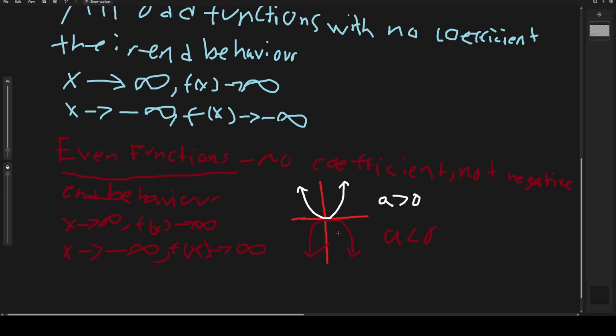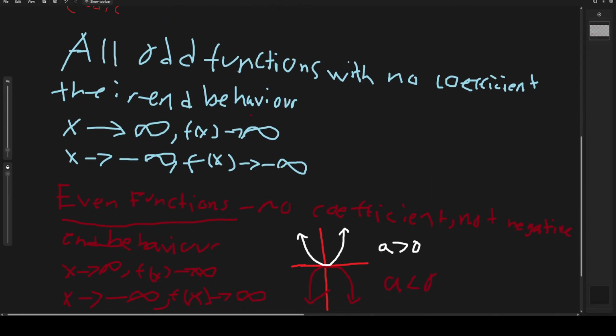Then as x goes to infinity, f(x) goes to negative infinity. As x goes to negative infinity, f(x) also goes to negative infinity. So basically, if it's vertically reflected and a is less than 0, these are going to flip. But this is just a general thing you should know about odd functions and even functions, their exponents.